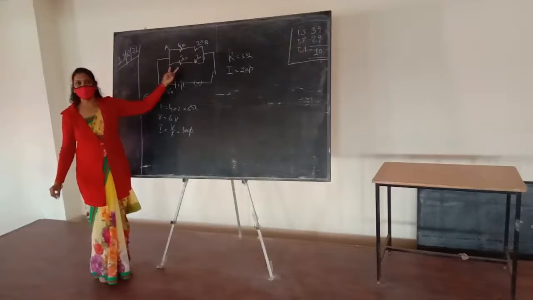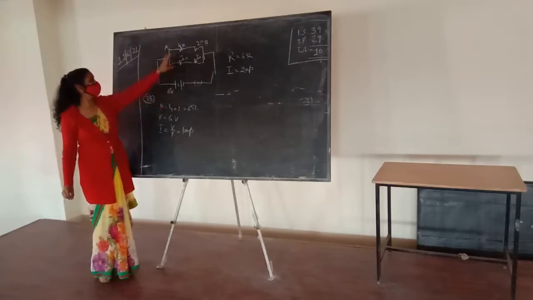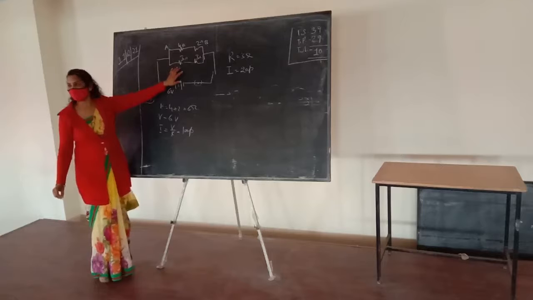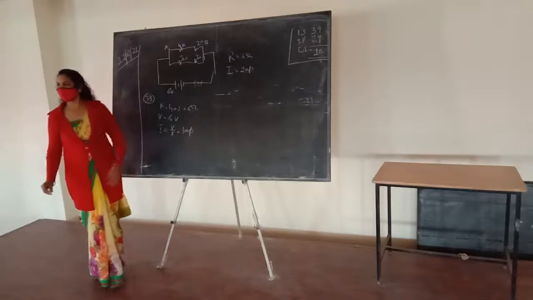Okay. How can you apply Ohm's law to know the value of I here? What is the value of I? 1 ampere. How can you find the value of 1 ampere? This 1 ampere is for this circuit, this upper part. So how can you say the current in this part is also 1 ampere?